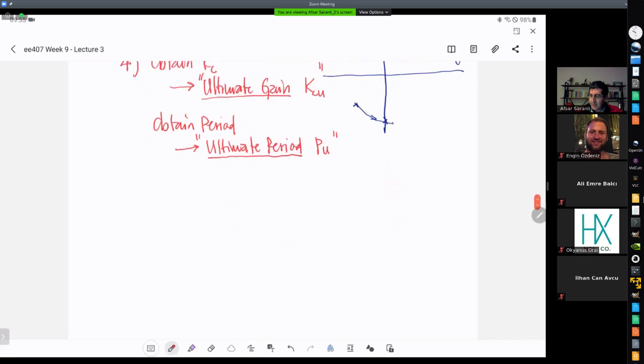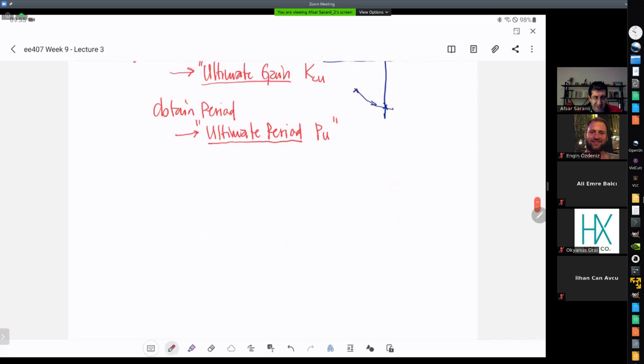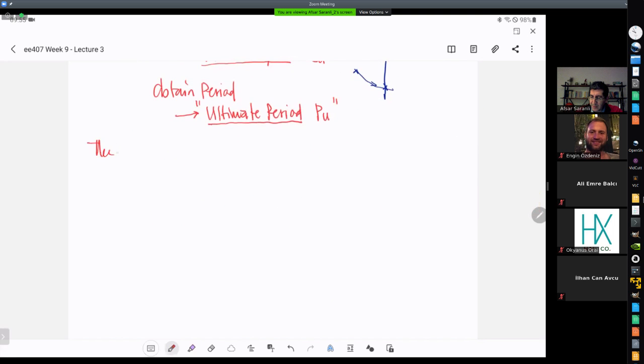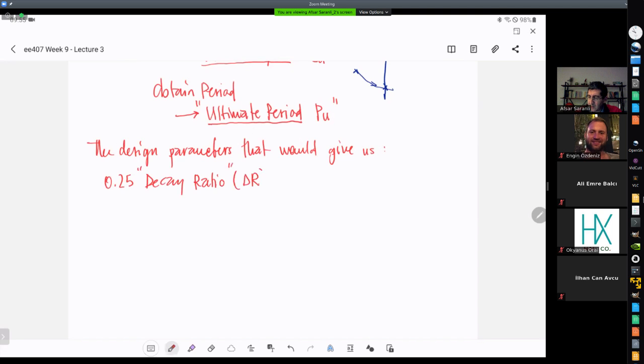Okay. And that would give us a particular design. So the design parameters will actually give us what is called the 0.25 decay ratio, also known as DR. And let me illustrate what that means.